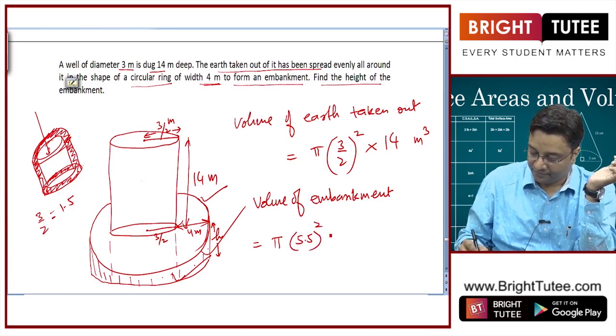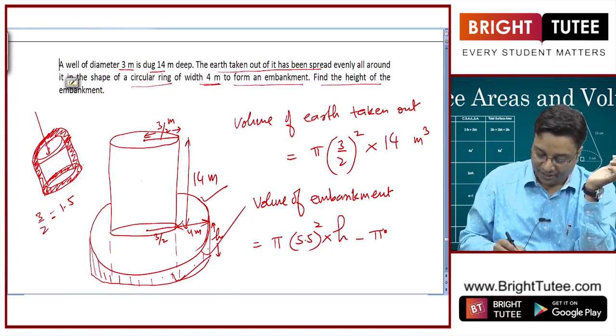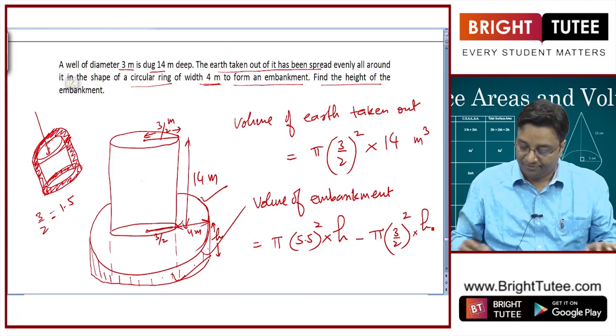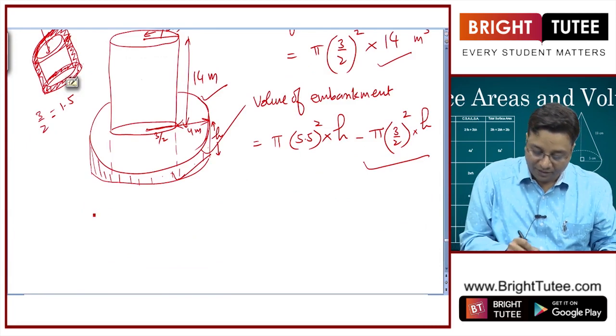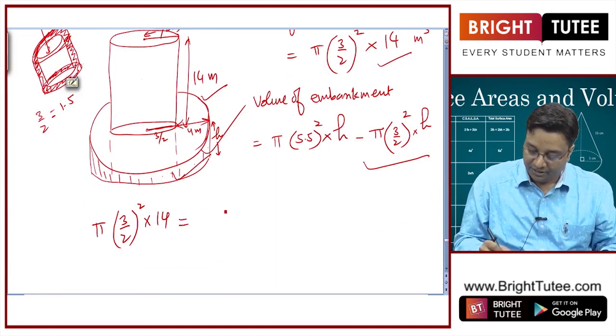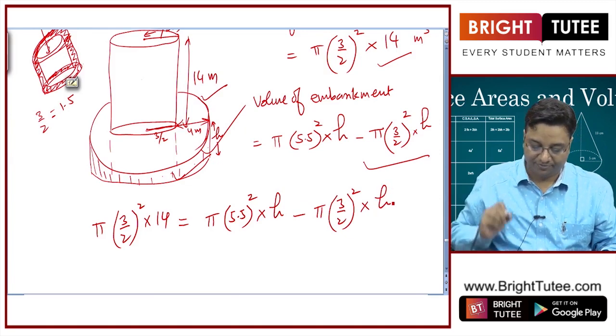So radius squared into height we need to calculate, minus pi inner radius, which is 3 by 2 squared into height that we need to calculate. So this volume is equal to this volume, okay? So let me equate these volumes. Pi 3 by 2 square into 14 is equal to pi 5.5 square into h minus pi 3 by 2 square into h, okay?